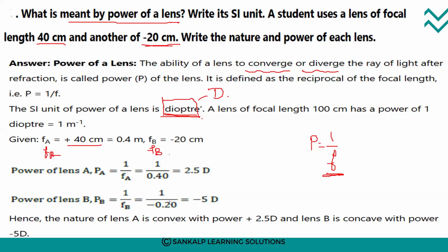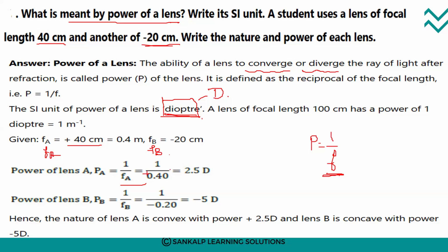In order to find the power of a lens, P is equal to 1 divided by F. So PA is equal to 1 divided by FA, that is 1 divided by 0.4, since 40 centimeter converted into meter is 0.4. 1 divided by 0.40 is 2.5 diopter.